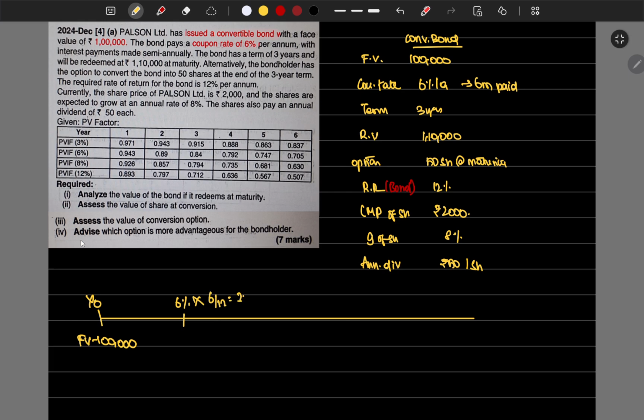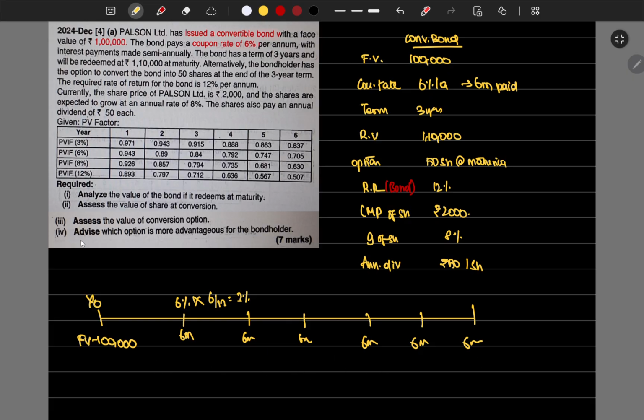Semi-annually means 3% for 6 months. For 3 years, it has to come 6 times: 1 2 3 4 5 6.